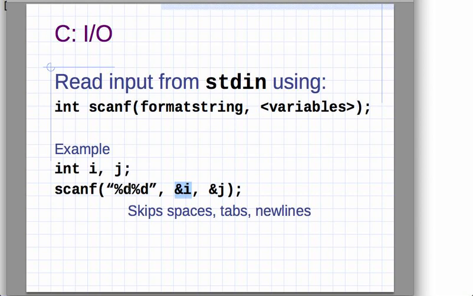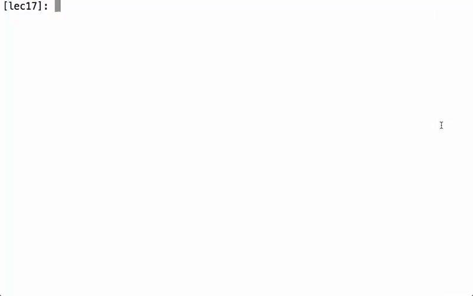So all we have to keep in mind for this very simple example is that it's going to try to read two ints, and note that it skips spaces, tabs, new lines, all of those things it skips. You do need a space between the two ints. So let's just take a simple example and you'll see. So try this out, same kind of thing that I'm going to show you just now.